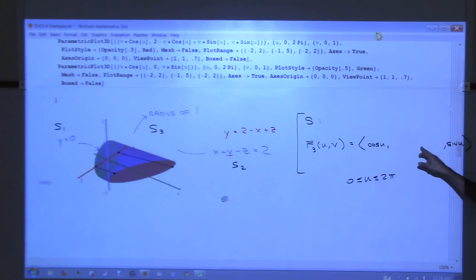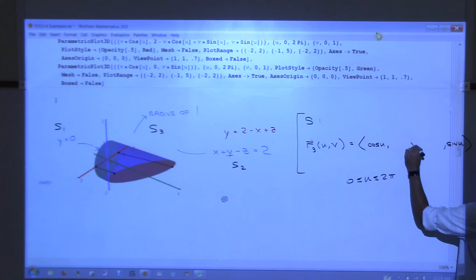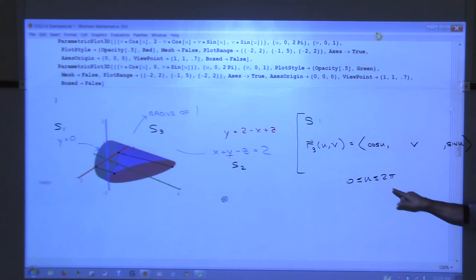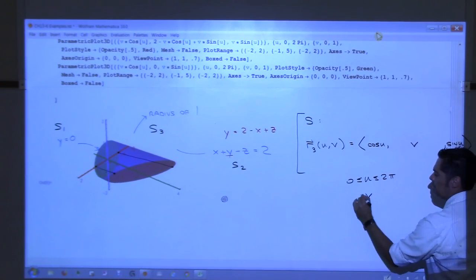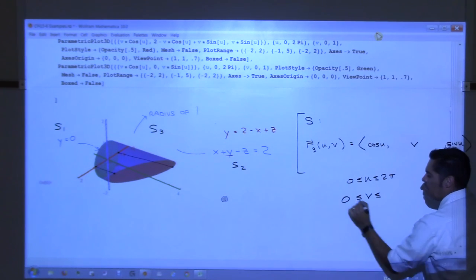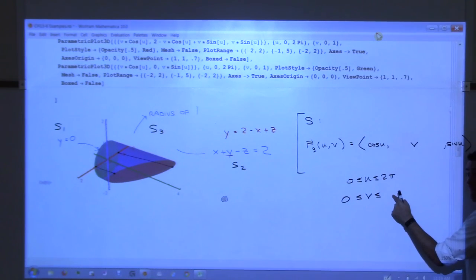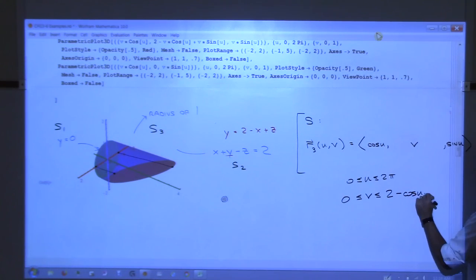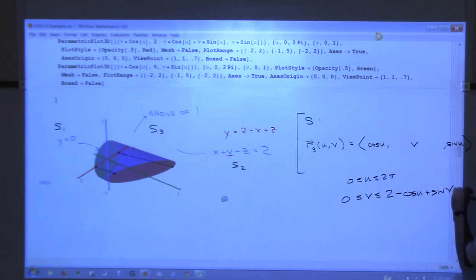So what am I going to put here? Just v. And then what does v have to be between? 0 and that other plane, which is 2 minus cosine u plus sine u, sorry.